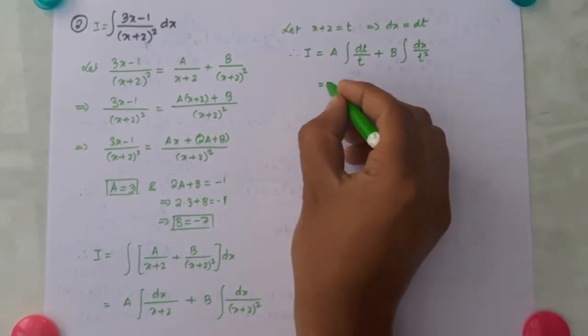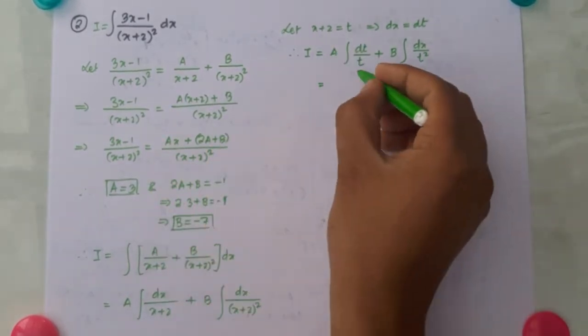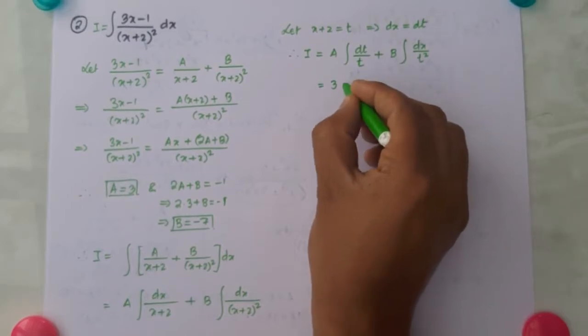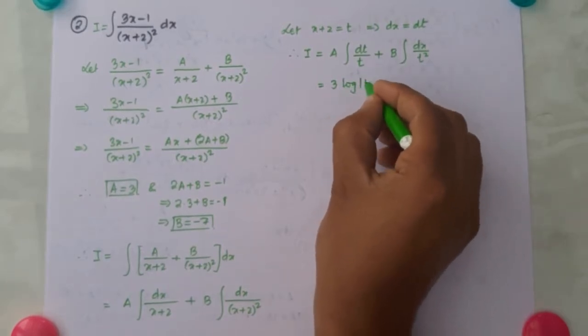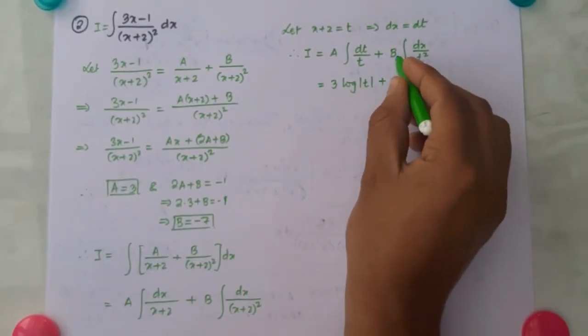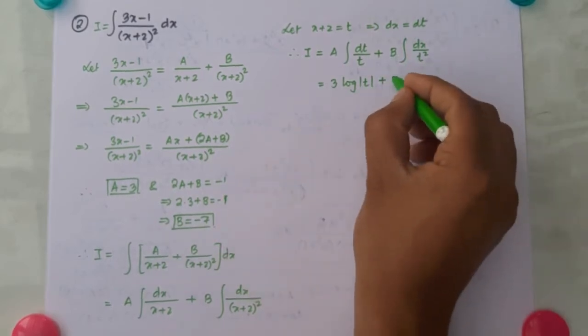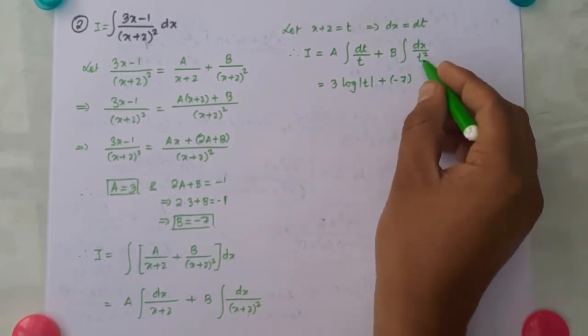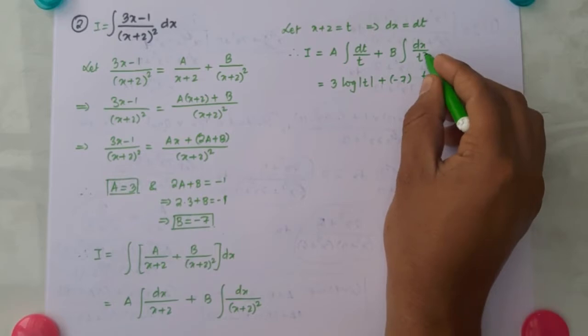And the value of a is 3, remember, and this becomes log t plus b is how much? B is minus 7.